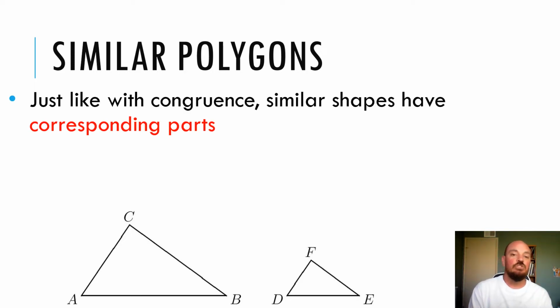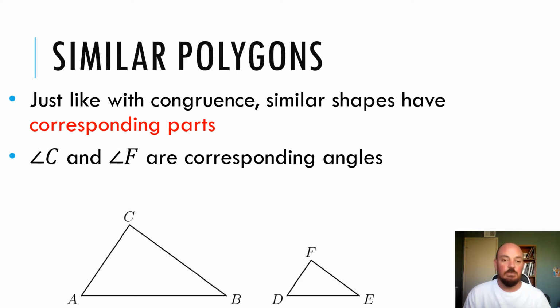Okay, so just like with congruent shapes, similar shapes have corresponding parts. And corresponding means matching up, like the same angle from each triangle, or the same side from each triangle. So for example, I just picked one, and I said angle C, which is right here, corresponds to angle F, which is right here.